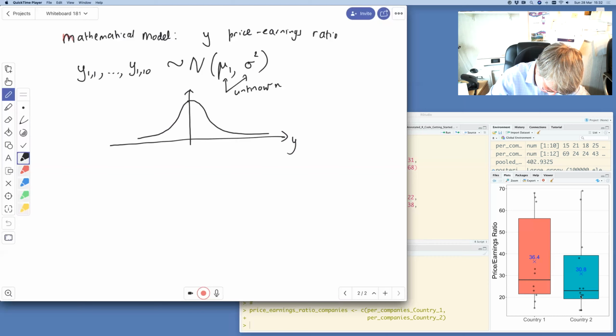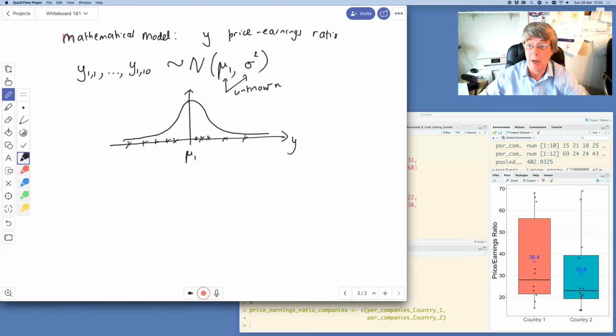This is the mean, mu1. What the model says is that the 10 values of price-earnings ratio from country 1 follow that distribution, so you get more values near the center of that distribution and fewer values out in the tail.